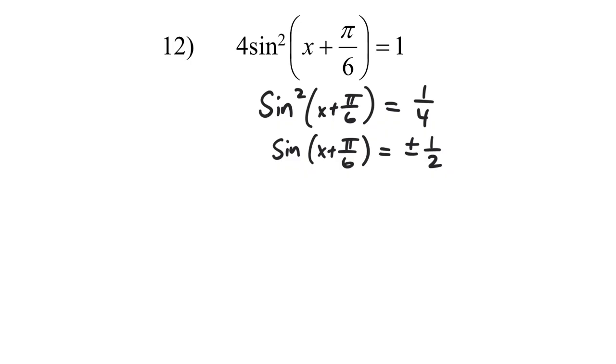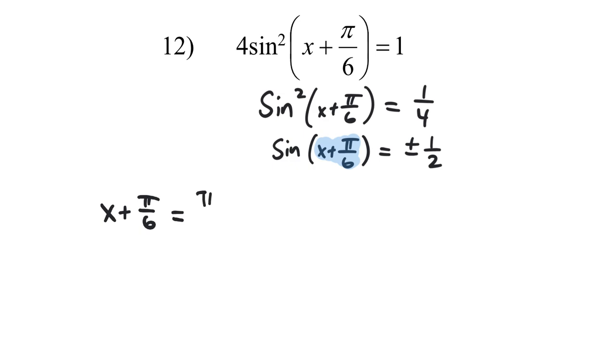The last complication here is the x plus pi over 6. That's just going to be a horizontal shift to our graph, so at the end, we will have to subtract from our answers. So let's list out the locations where x plus pi over 6 has a sine of positive or negative 1/2.